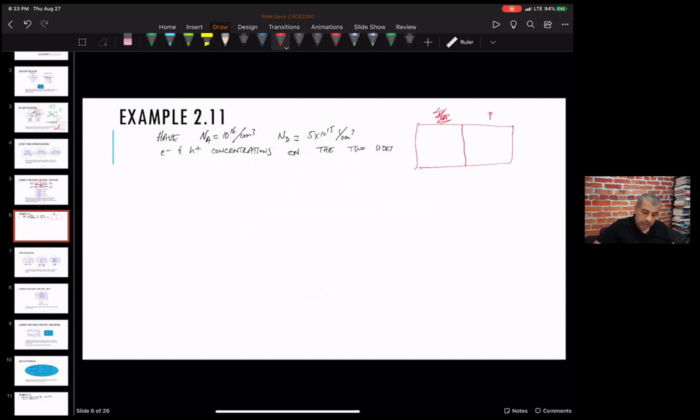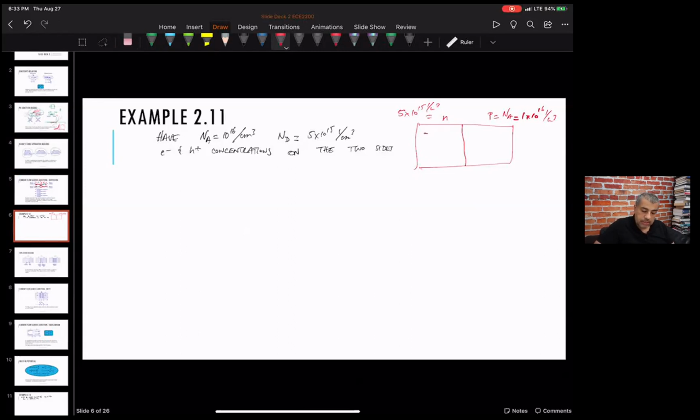On the P-type side, the acceptor concentration N sub A is 1 times 10 to the 16th per centimeter cubed. And on the N side, the donor concentration is 5 times 10 to the 15th per centimeter cubed, okay? And then it wants to know the electron and hole concentrations on either side.